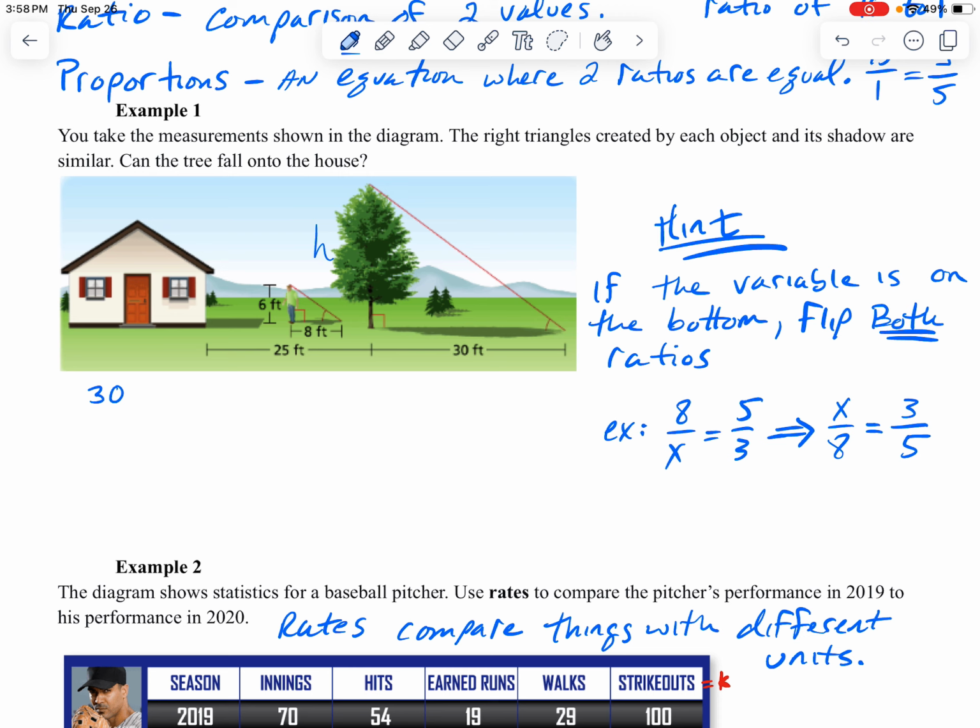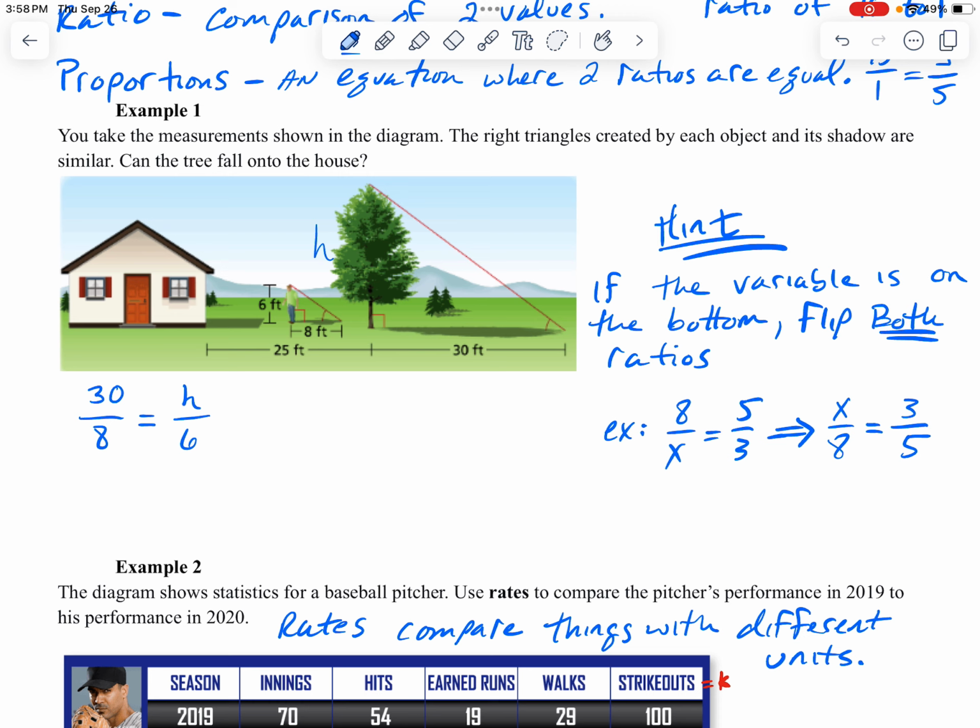The shadow of the tree is 30 compared to the shadow of the person, which is 8, must be equal to the height of the object, which we're calling h, here's my h for height, compared to the actual height of the person.